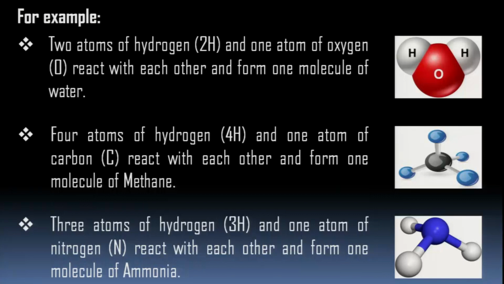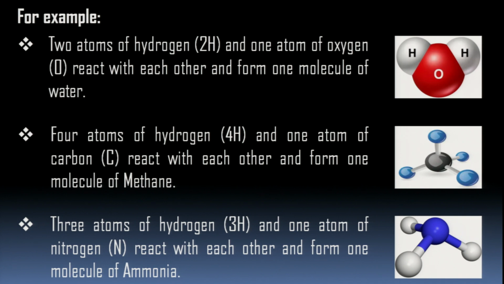See here, children, for molecules we have seen those pictures for elements. Now for molecules you have 2 atoms of hydrogen and 1 atom of oxygen. What do they form? Yes, they form water. You can see the picture of water. Similarly, this one is CH4, methane.